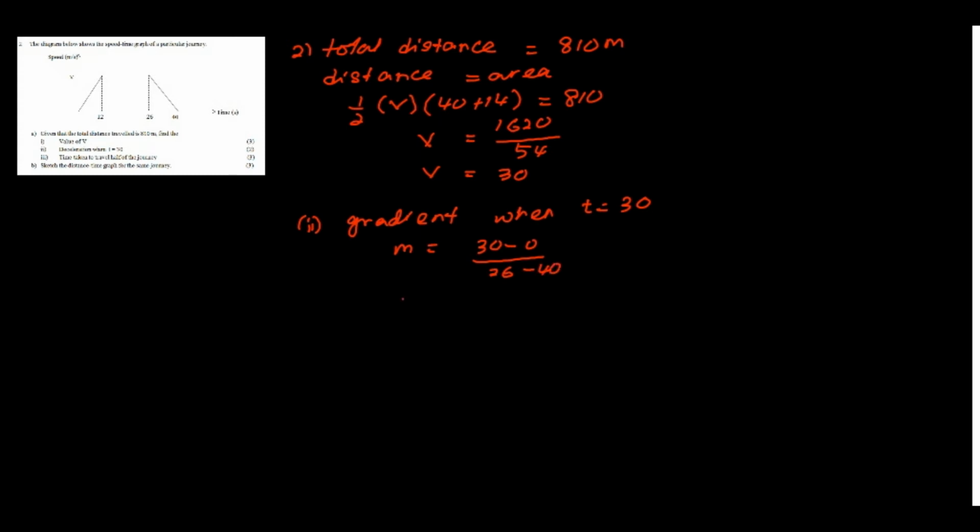So here you will get m equals negative 15 over 7. Because you use the term deceleration, the answer should be 15 over 7 or 2.14 meter per second squared.